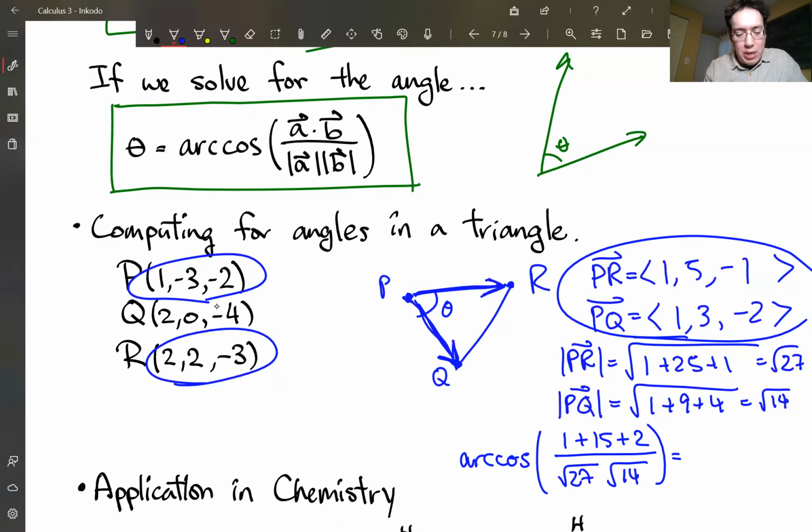So I'm going to compute it in radians. Let's compute the inside first. That's 18 divided by square root of 27 times square root of 14, paying attention to where the parentheses go. This is the same thing as ArcCosine of 0.9258.